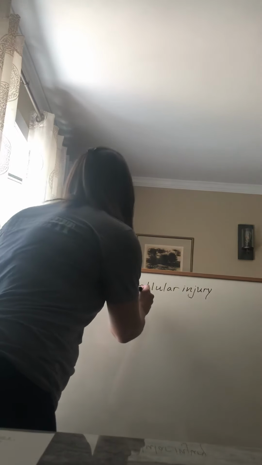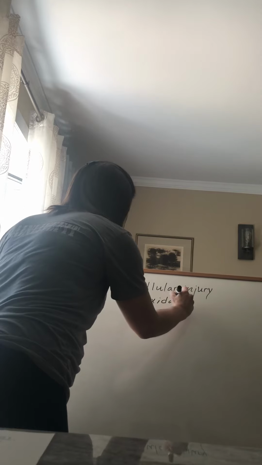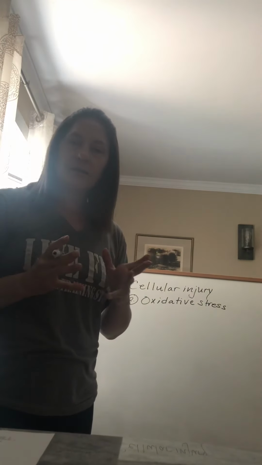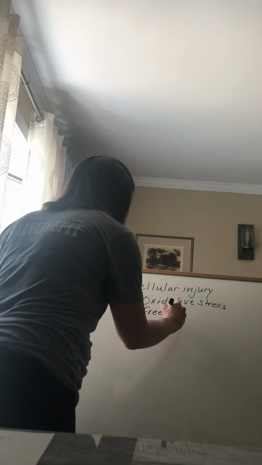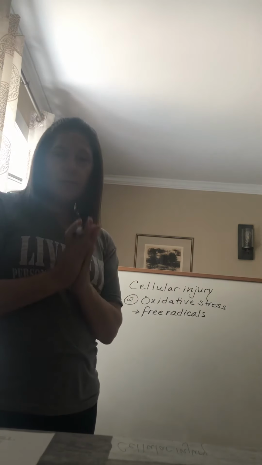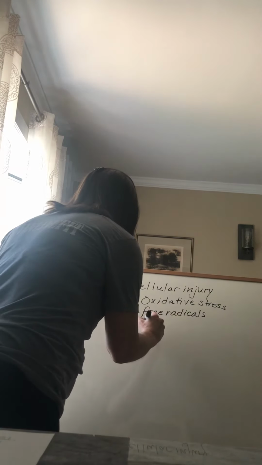Another type of cellular injury is oxidative stress. Okay. Where does oxidative stress come from? Okay, oxidative stress is induced by things called free radicals. Normally, let me back up. In your body, you have a type of reaction.